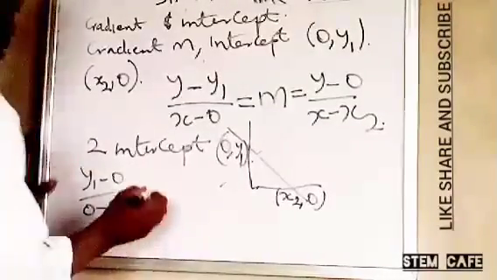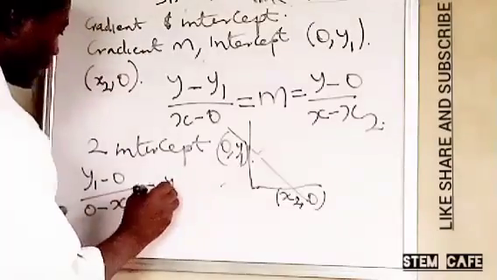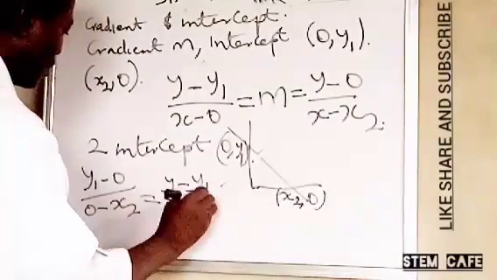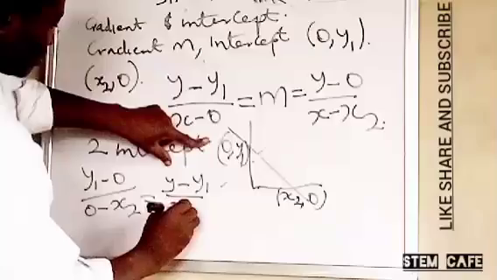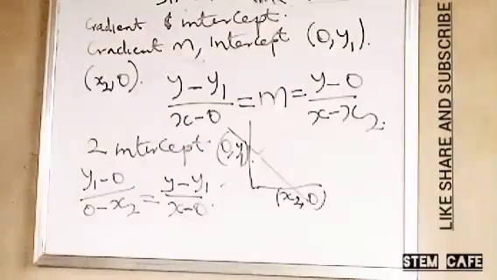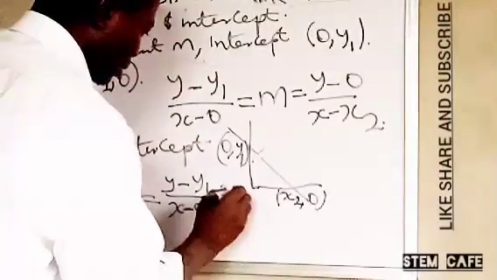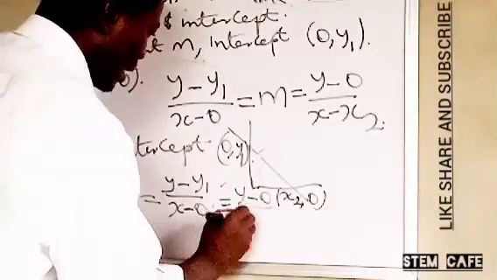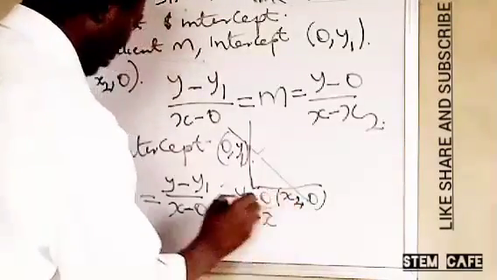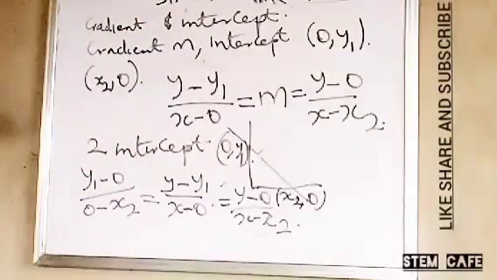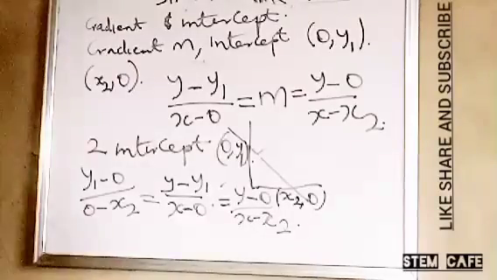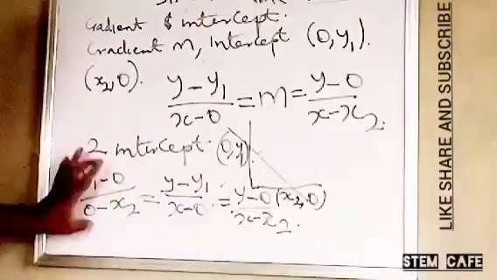That is our gradient. It will be equal to y minus y1 over x minus 0. We can also say y minus 0 over x minus x2. So any of these will give us our straight line equation. It's very easy. These ones are just to give us figures. That is just our gradient. All the other ones are to get our equation. That's all.